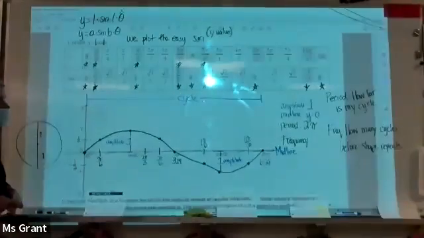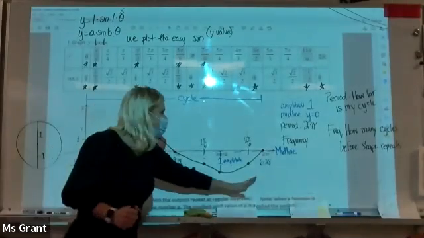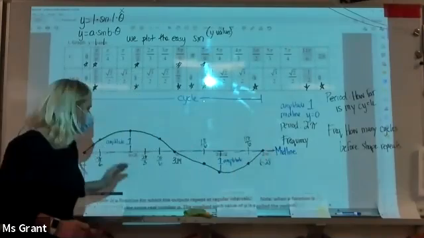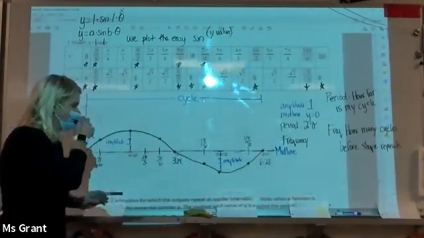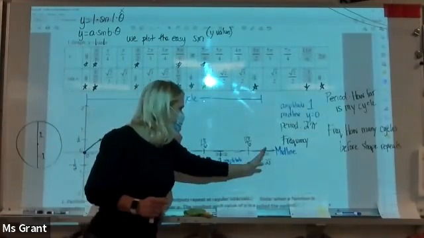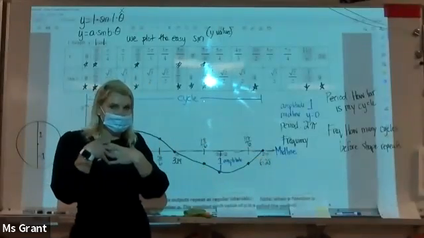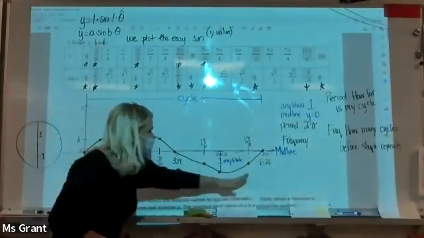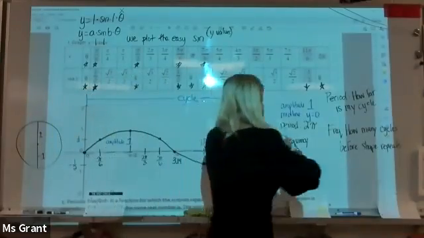How frequent does it repeat? Look, this was a cycle. Up, down. That's 1 cycle. It goes 1 time and ends at 2 pi. So my frequency is 1 time every 2 pi.